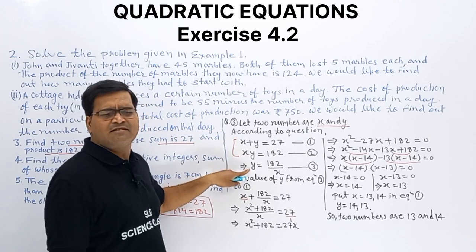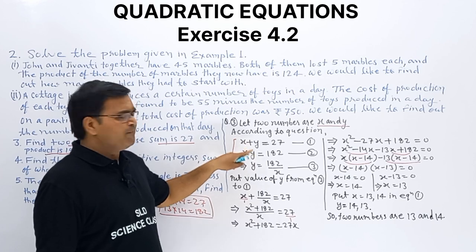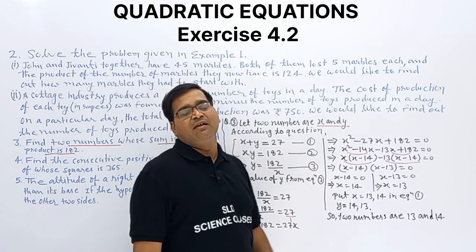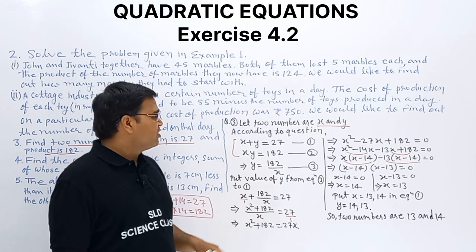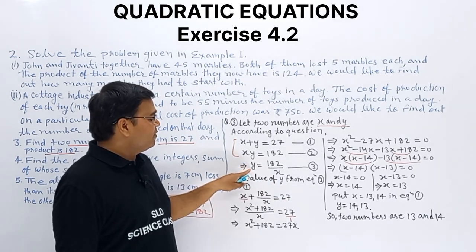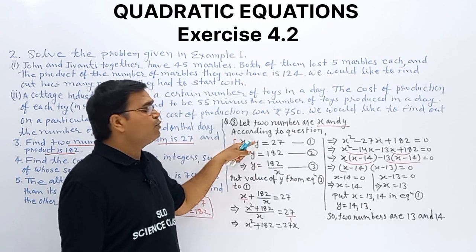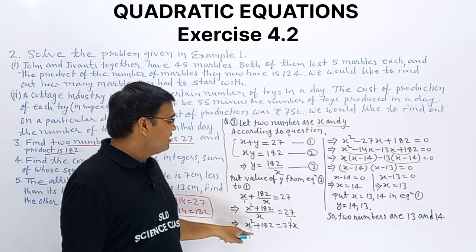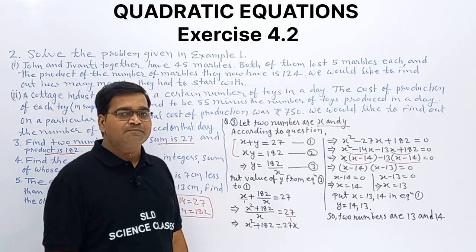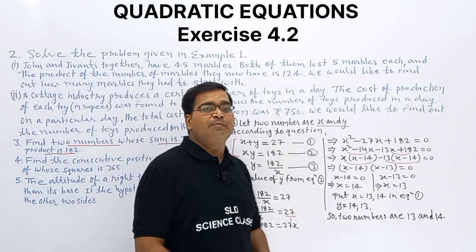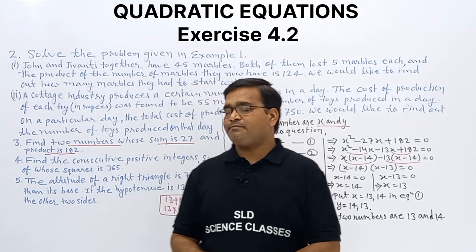We can also find x, no problem. This equation can be in terms of y. The answer will be the same. So now I am finding y and putting this y into equation 1, and we are getting the quadratic equation in terms of x. Clear? And finally we are getting two numbers 13 and 14.